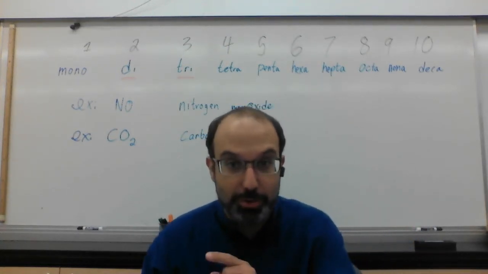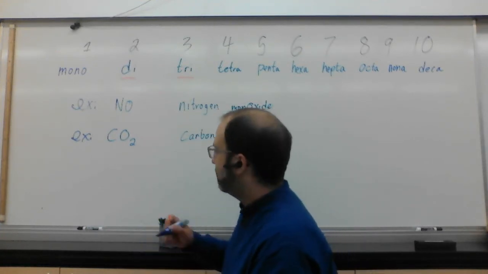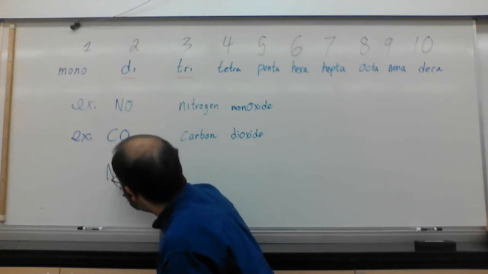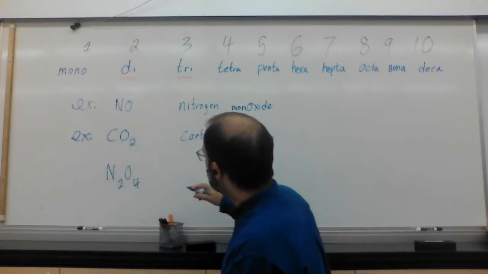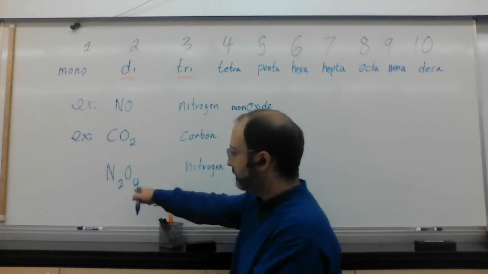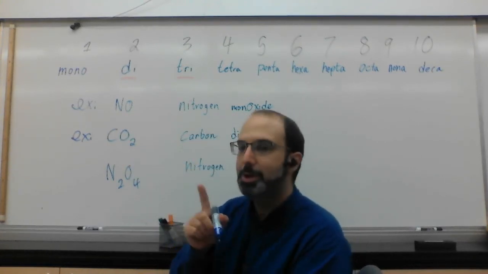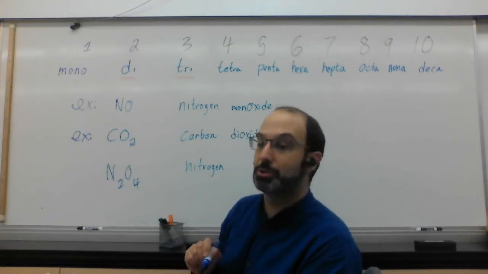Anyway, 21, continuing with the next example. We've got N2O4. Nitrogen. But now it's a 2. A 2 is not a 1. I hope you know that. Which means that now I get to use the prefix.